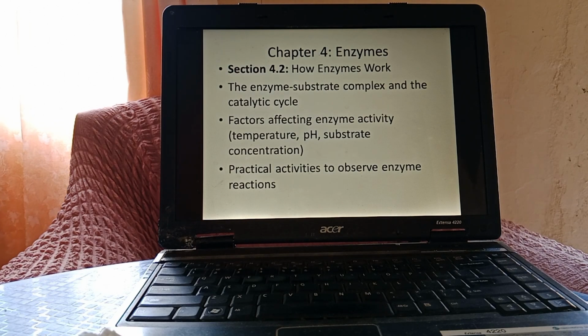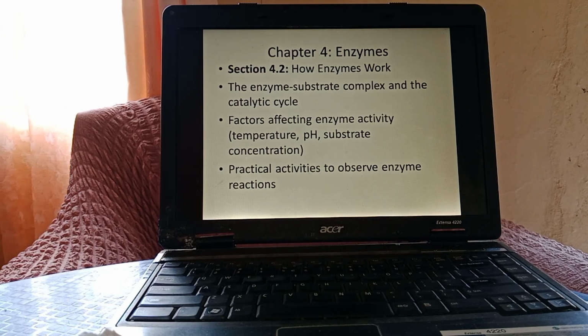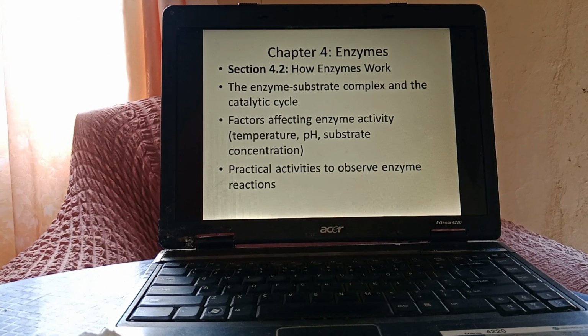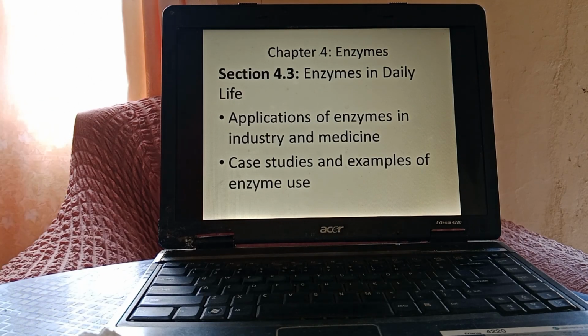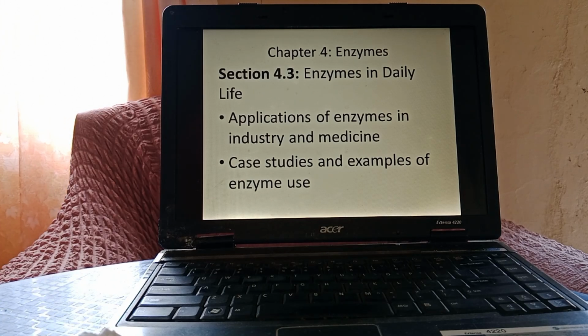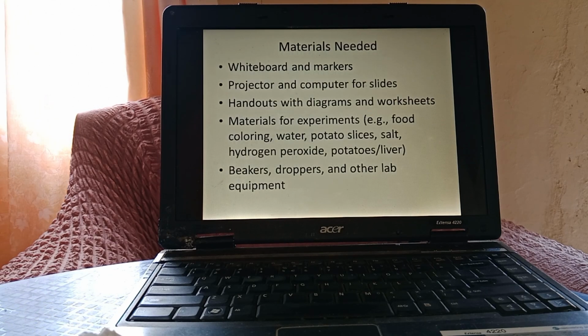Section 4.2 is how enzymes work, the enzyme substrate complex and the catalytic cycle, factors affecting enzyme activity, temperature, pH, substrate concentration, and then practical activities to observe enzyme reactions. Section 4.3, Enzymes in Daily Life, application of enzymes in industry and medicine, case studies, and examples of enzyme use.